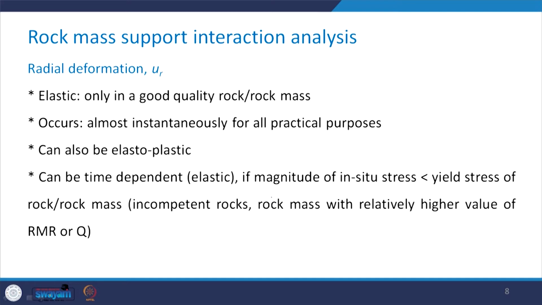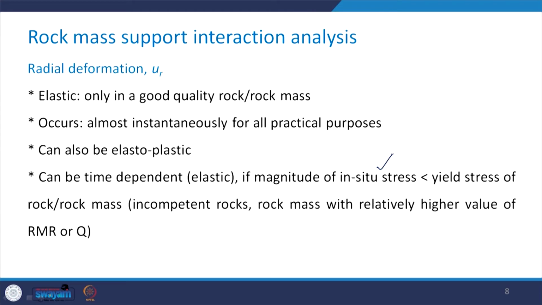will be elastic only in a good quality rock or rock mass. It occurs almost instantaneously for all practical purposes. Depending upon the behavior of the rock mass and the support system, it can also be elastoplastic. It can be elastic but time dependent if the magnitude of in situ stress is less than the yield stress of rock or rock mass.